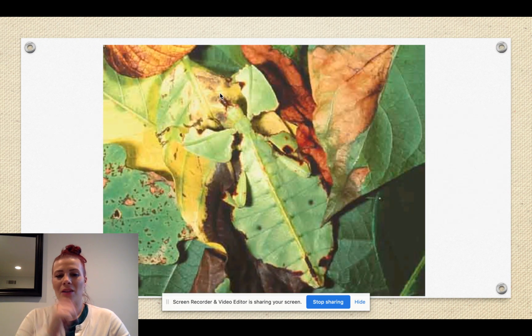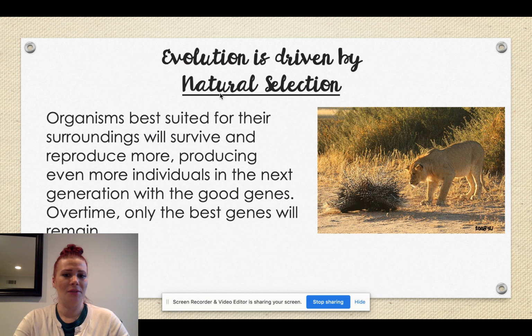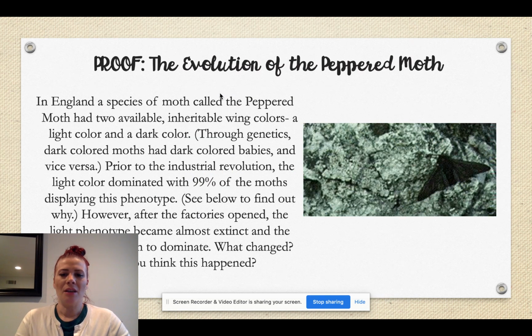So this little guy that we talked about earlier got perfectly camouflaged to his environment because predators are less likely to see him, which means he's more likely to reproduce and pass down those genes to future generations.